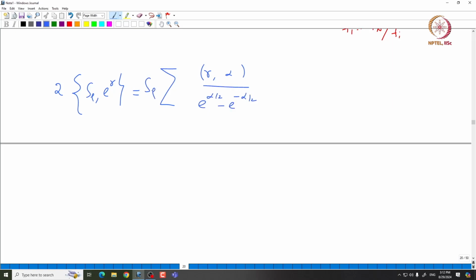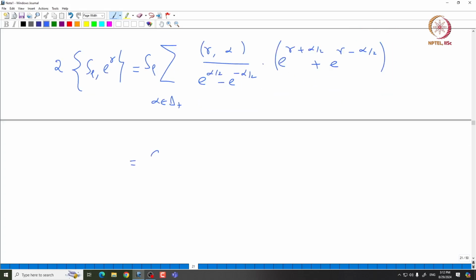So, this S rho comes out, alpha in delta plus, times e power gamma plus alpha by 2 plus e power gamma minus alpha by 2. So, this is what we get. Again we can simplify this. This is S rho times summation alpha in delta plus e power gamma comma alpha divided by, okay.